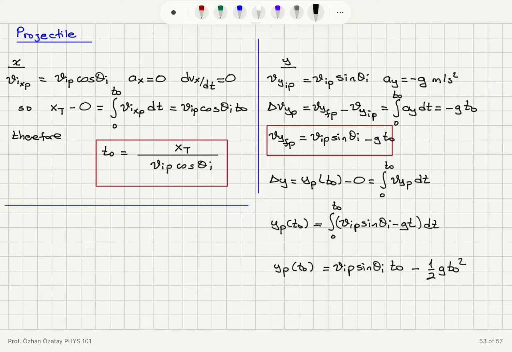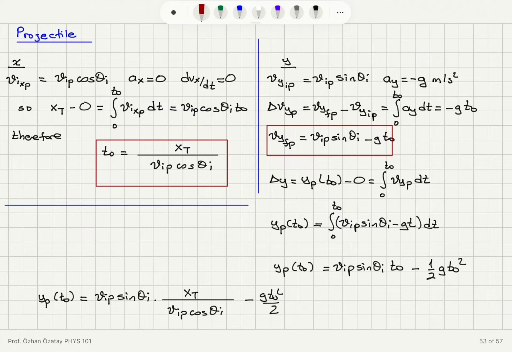And for t0, I can substitute x_t over v_ip cosine theta initial. So y_p at t equals t0 is v_ip sine theta initial times t0, where for t0 I substitute the range x_t divided by v_ip cosine theta initial, minus g t0 squared over 2.